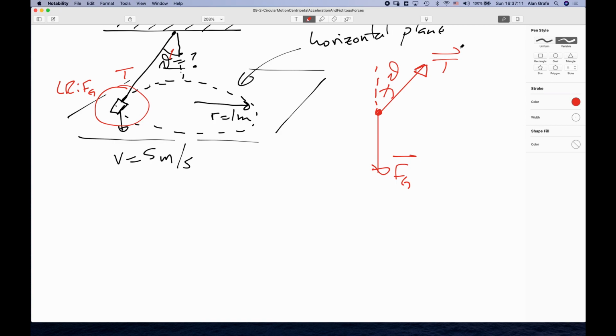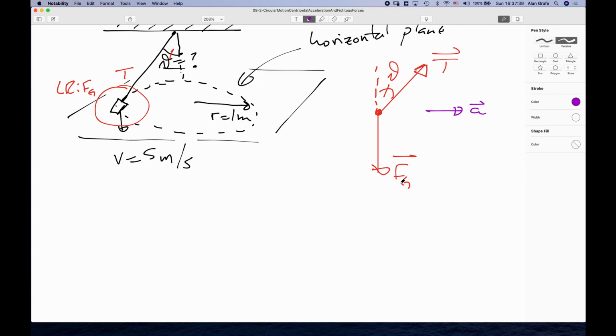Since the height isn't changing, the acceleration in y is 0. So the acceleration is purely in the horizontal plane, directed towards the center of the circle. Making our usual up, down, right, left coordinate system is the way to go. We don't want to do any tilting shenanigans here.